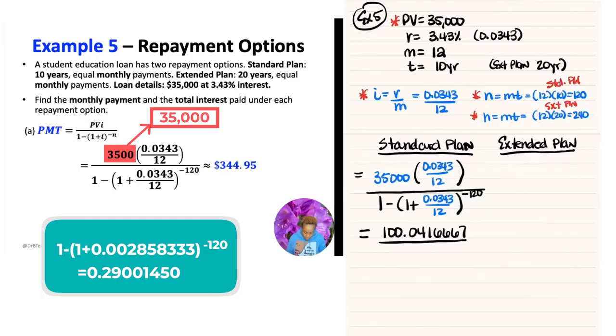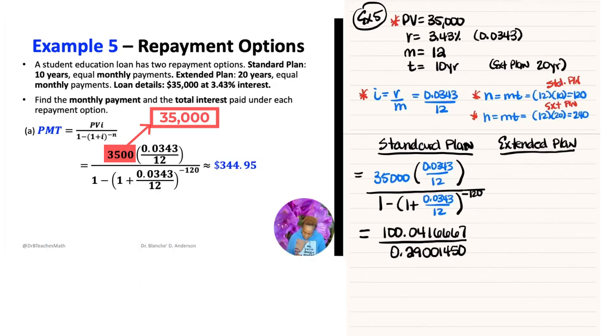I'm going to add 1. I'm going to raise that to the negative 120, and I'm going to take 1 minus that answer. Yep, okay. Yeah, I just typed it wrong. I'll fix that. 0.29001450.